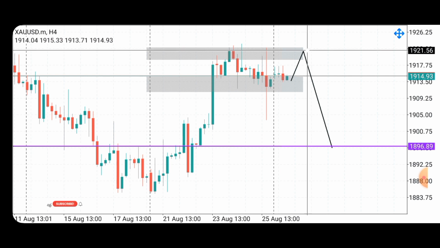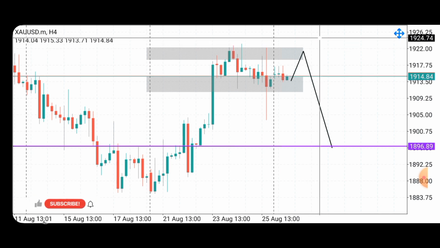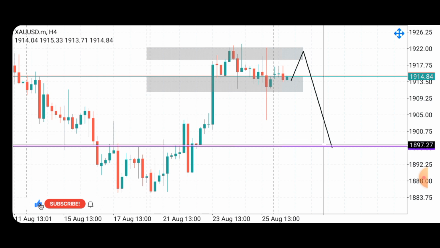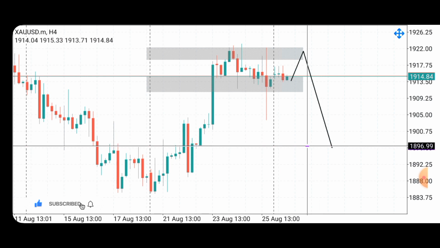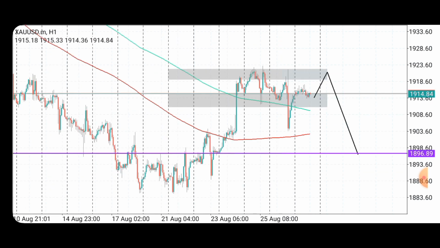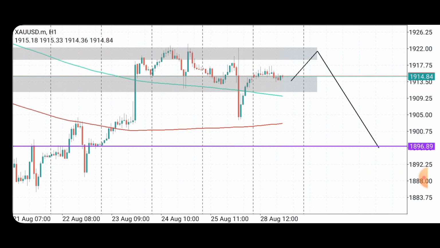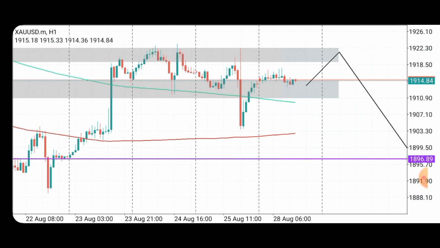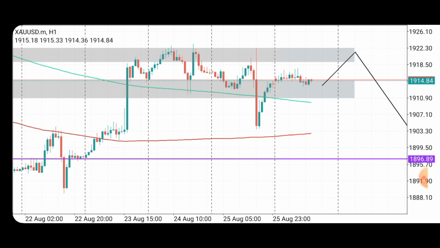So sell here, stop loss just above the supply zone, and the first target is at 118.96 region. See the 1R. So yes, this is what I'm looking for and what I'm anticipating for the gold market.